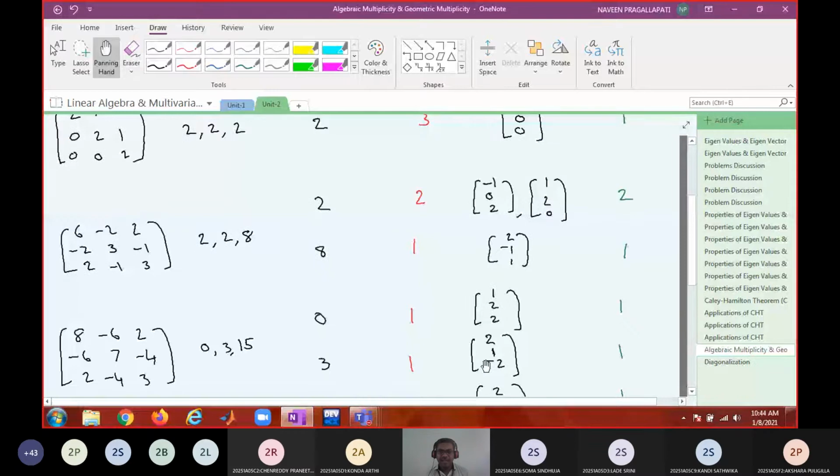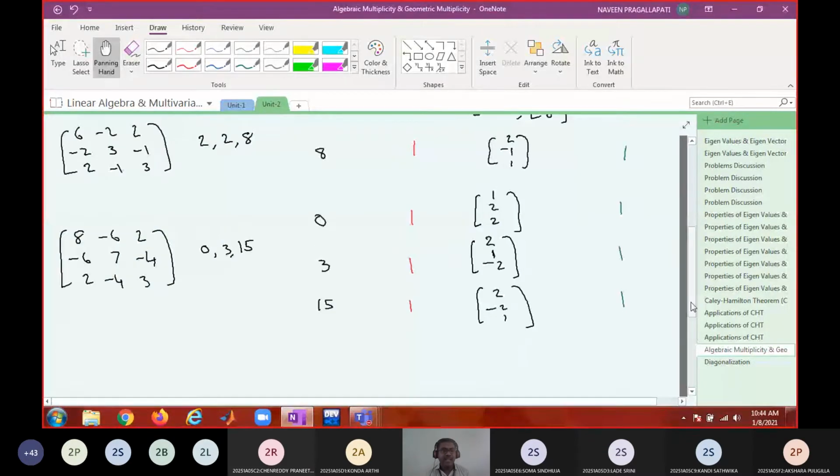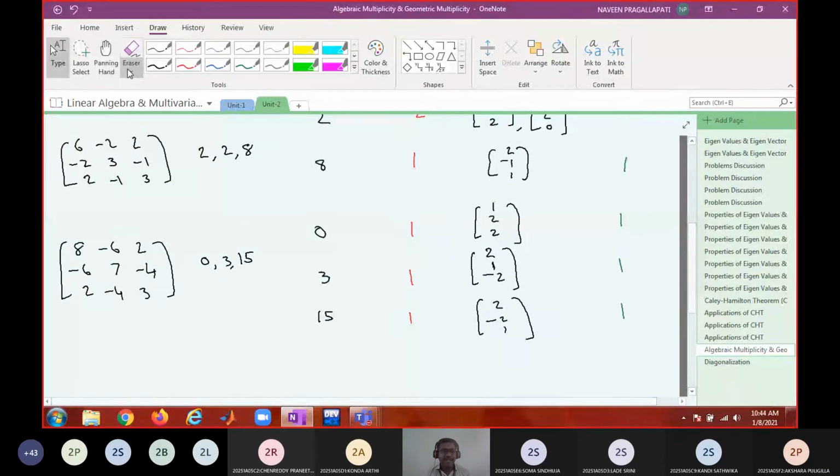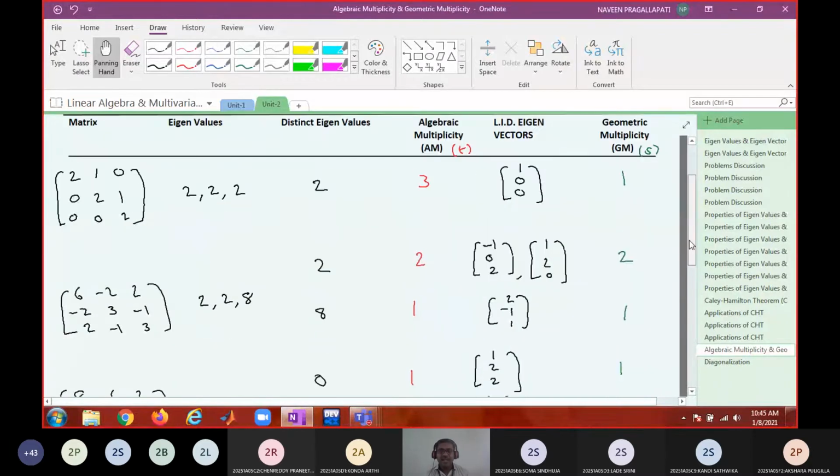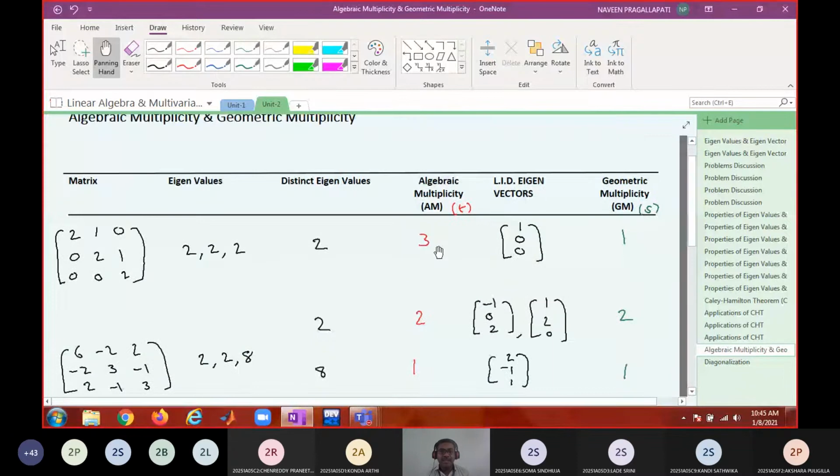Now you see, algebraic multiplicity and geometric multiplicity exist for each eigenvalue. For each eigenvalue, there is one algebraic multiplicity and one corresponding geometric multiplicity. In all these cases, you observed that geometric multiplicity is less than or equal to algebraic multiplicity.